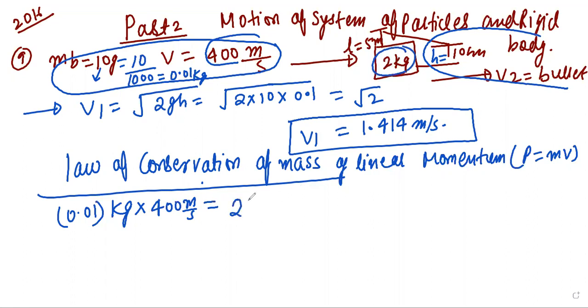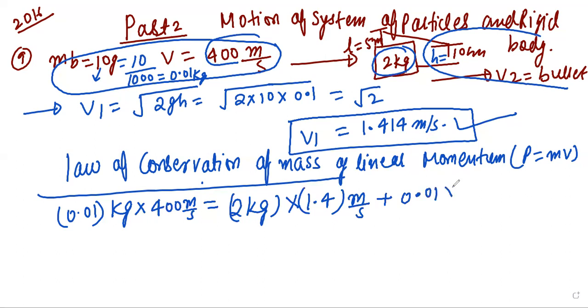so put here 2 kg into the velocity we found for this block, that is 1.414, so 1.4 meter per second, plus the bullet mass again, 0.01. We have to find this velocity v2, the final velocity of the bullet. Now by this law you will get the velocity.